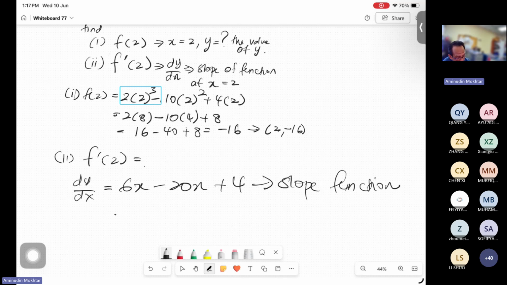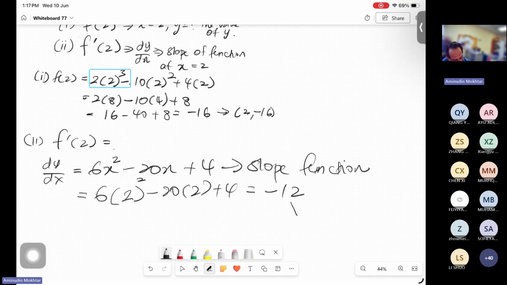So we substitute x with 2: 6 times 2 squared minus 20 times 2 plus 4, and the answer is negative 12.